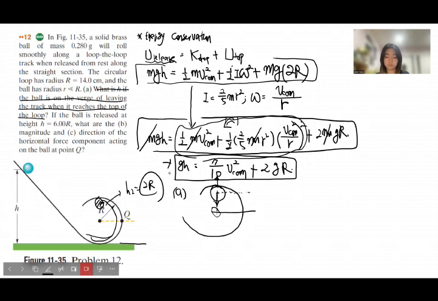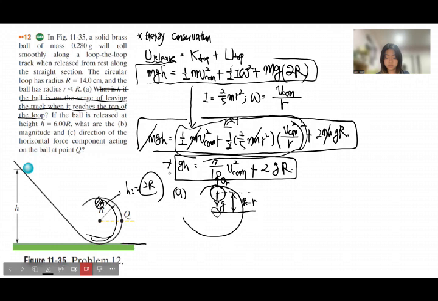From here to here, the distance is R minus r, the radius of the sphere, so you have to take the small r out of the large R. And the acceleration of the sphere while it's rolling around this loop of track is the radial component of acceleration a_r, and it also experiences the gravitational force downward.